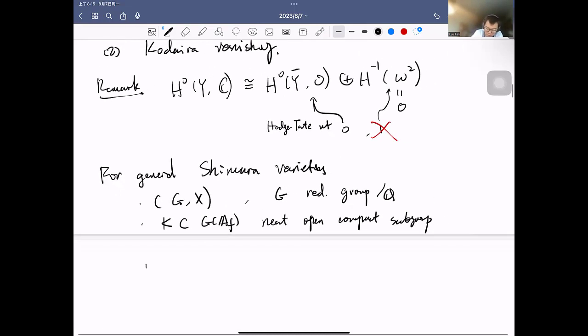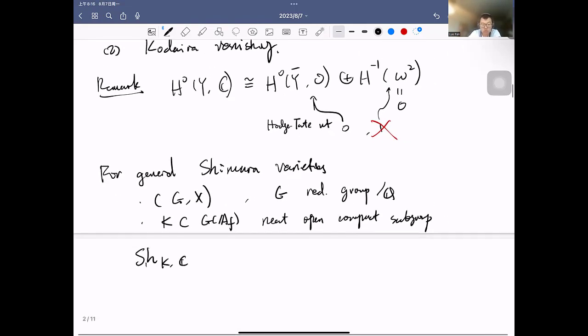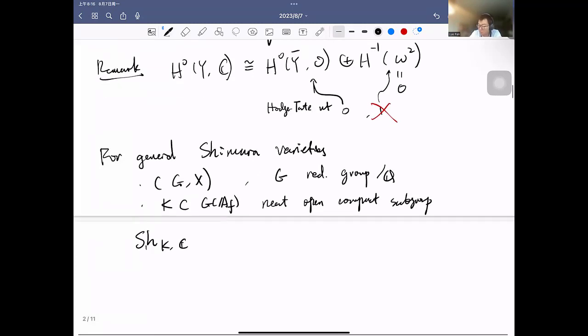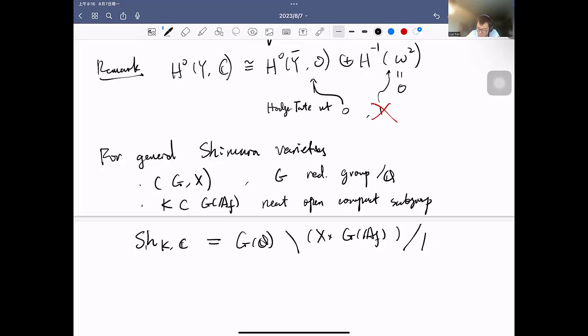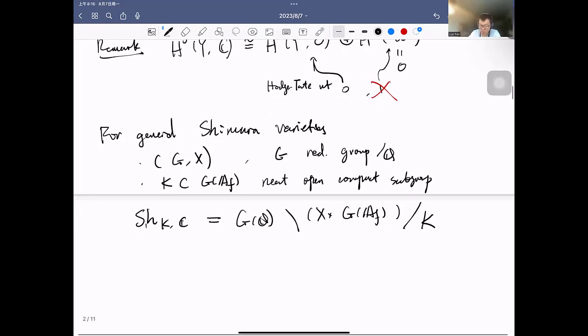Then we can form the usual Shimura variety of level K, which is just a double quotient, X times G of finite adeles, modulo G(Q).